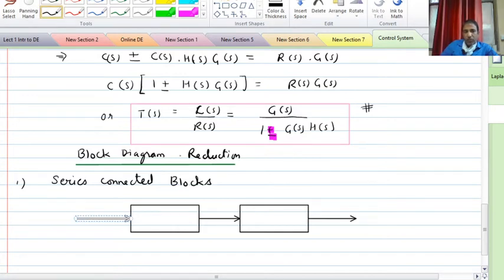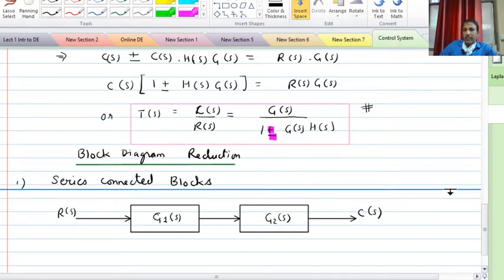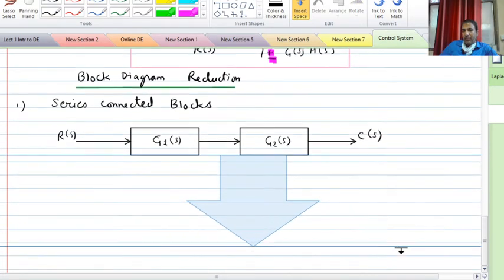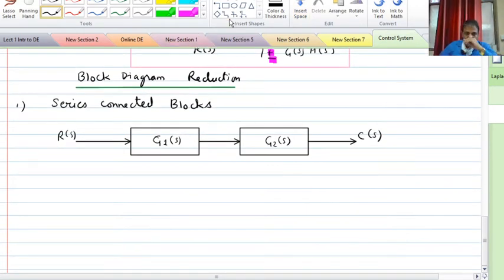Let us suppose these two blocks have their own transfer functions G1(s) and G2(s). This is your reference input and this is your controlled output or output variable. Then what will be its equivalent representation by a single block?